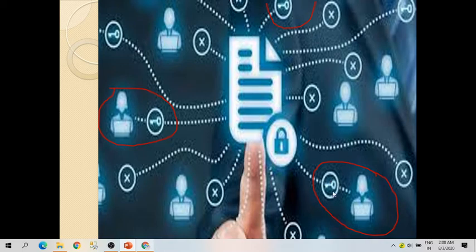You can see the key. They have the key to open the lock. There is a lock provided here, a symbol that symbolizes security. So whoever has the key can open it up; others who don't have the key cannot open it.